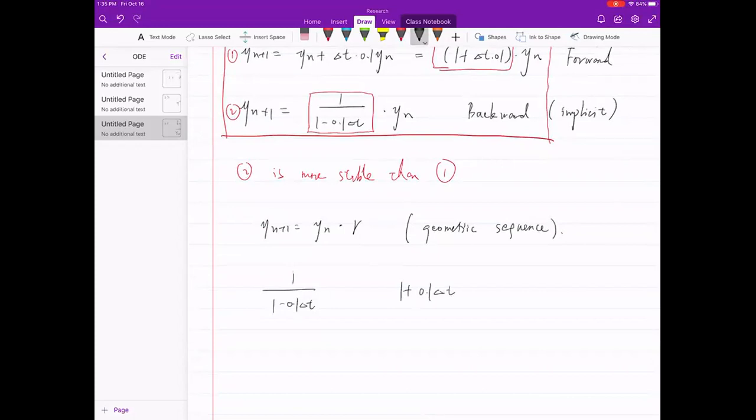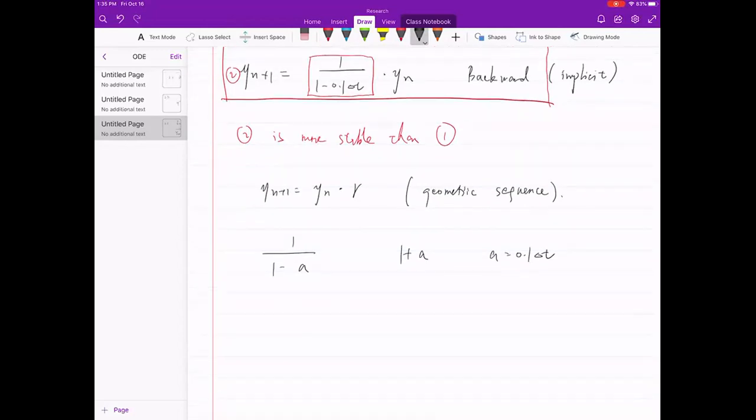More precisely, these are the same term. So let's just say 1 minus a and 1 plus a, where a equals this. Which one is bigger?